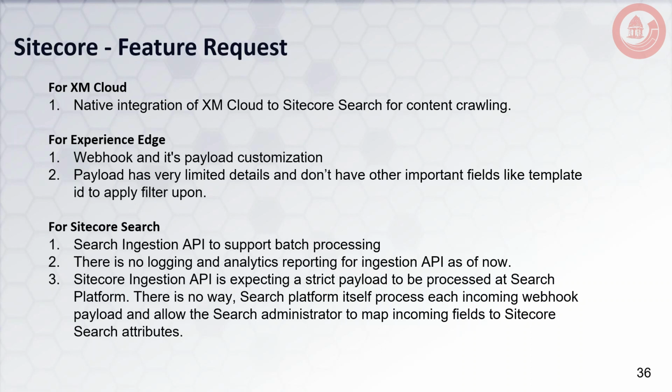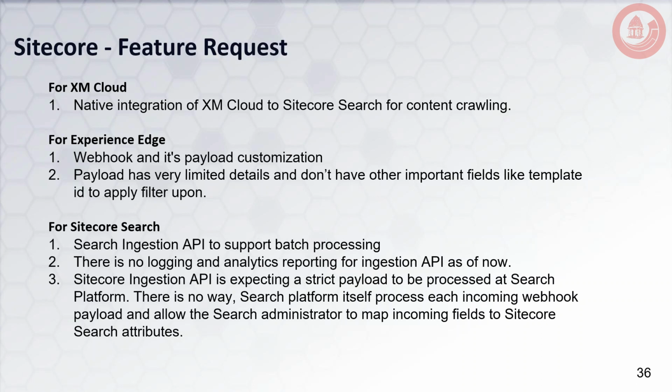So for XM Cloud, what we need is native integration of XM Cloud to Sitecore Search for content crawling. Currently, there is no native integration between XM Cloud and Sitecore Search. If we had it, we probably would not need to worry about all this custom implementation.